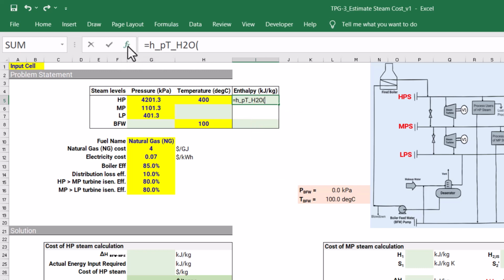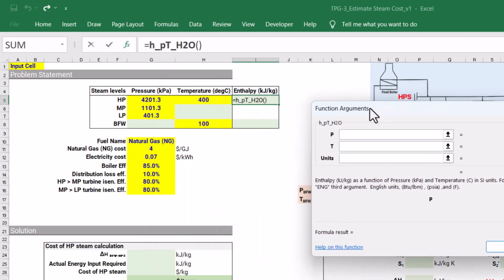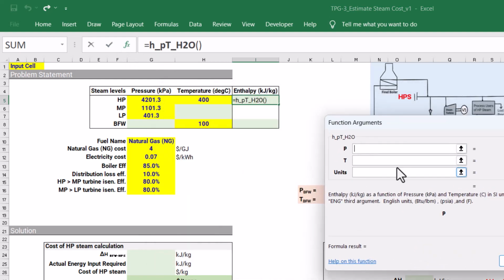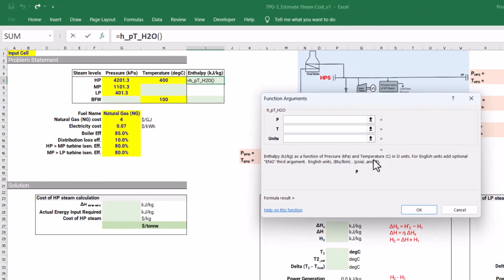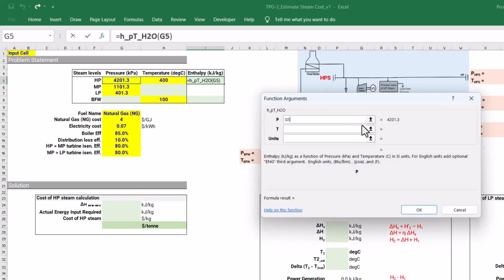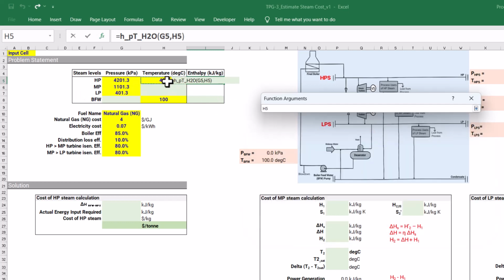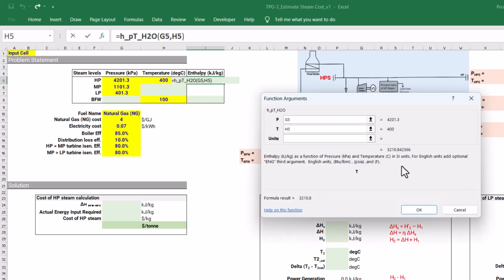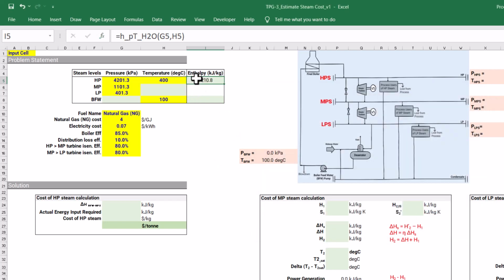If you click insert function, you can find out the units. The pressure unit is kilopascal and the temperature unit is degree centigrade. We have everything in kilopascal and degree centigrade, so we can reference it, and the answer would be in kilojoules per kg. So this is the answer for the high pressure steam enthalpy.